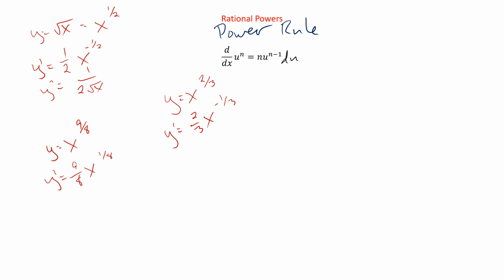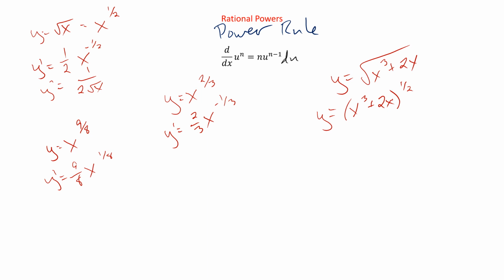And this is true, this works with chain rule, product rule, everything else. So if we have y equals the square root of x cubed plus 2x, we could rewrite this as y equals x cubed plus 2x to the 1/2.